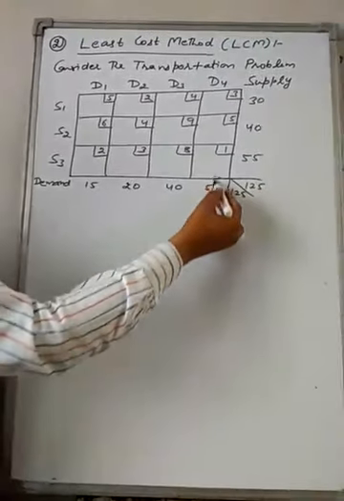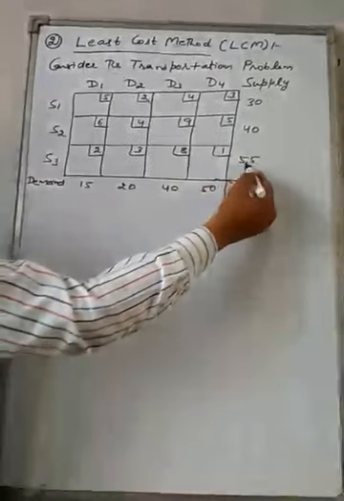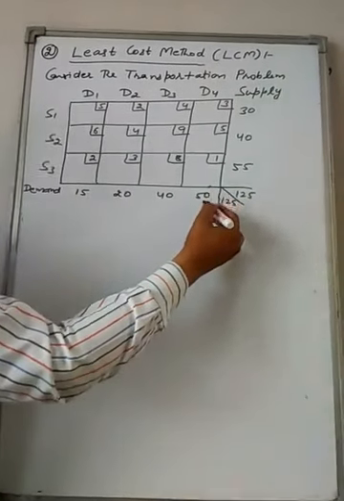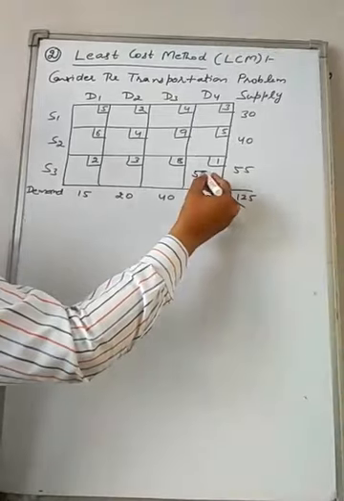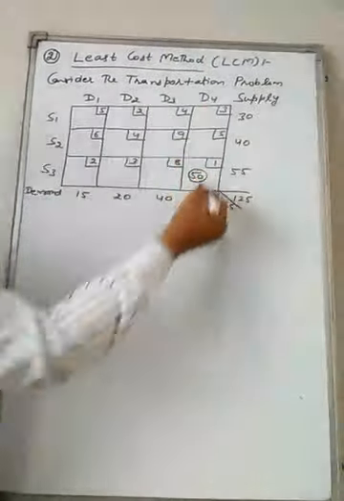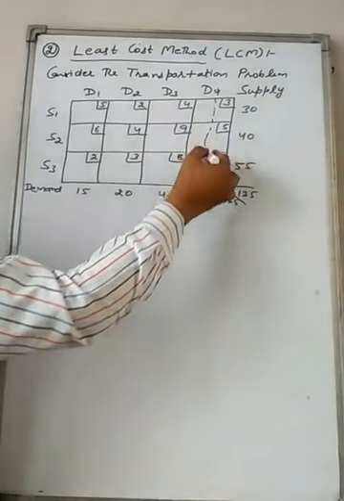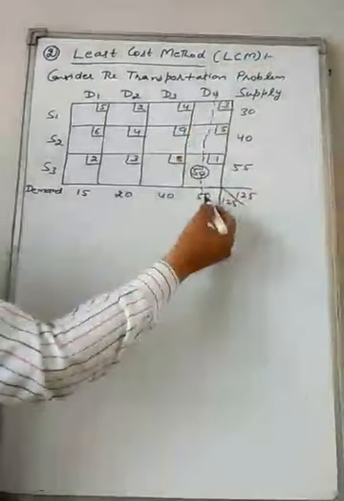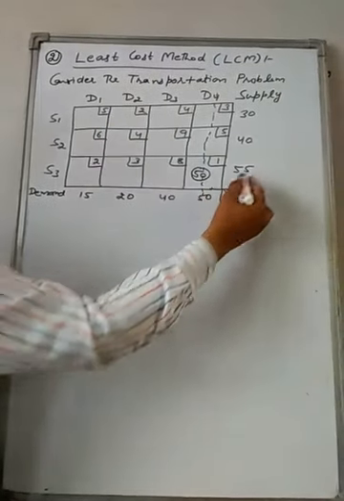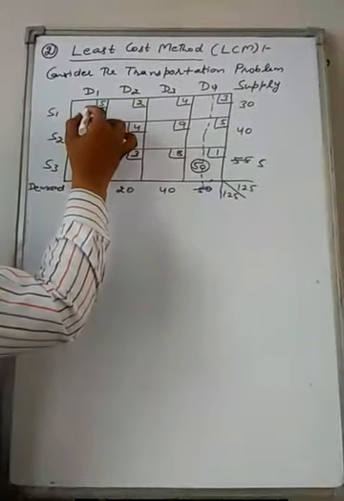The demand corresponding to this cell is 50 and the supply corresponding to this cell is 55. Take the minimum of 50 and 55, which is 50. Therefore we allocate 50, as demand is satisfied for this destination. Therefore we cross this column with dotted lines, and the supply remaining at source S3 is difference of these two, that is 5. Now the remaining matrix is this one.